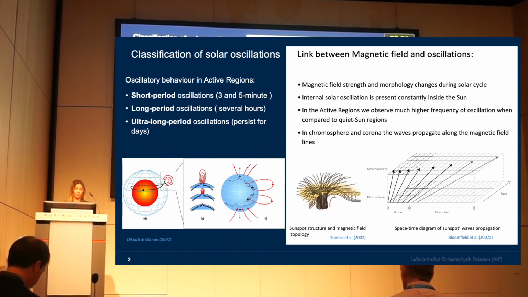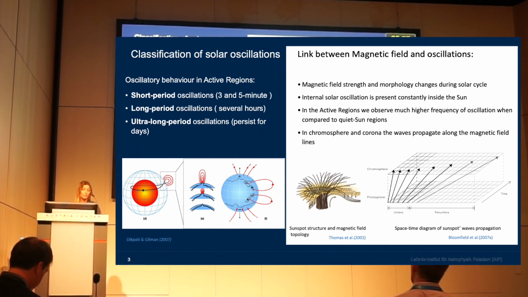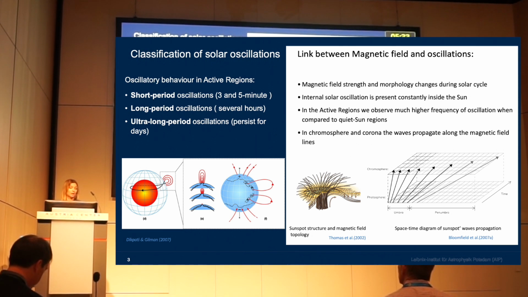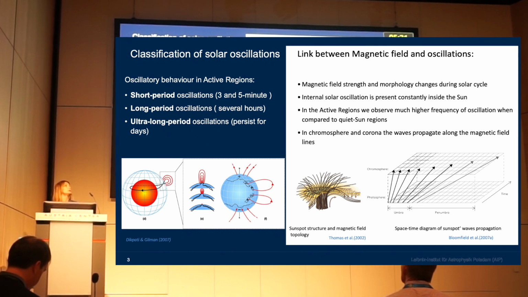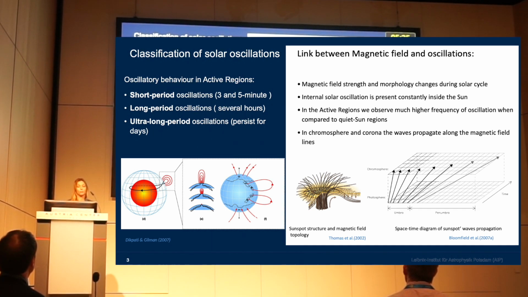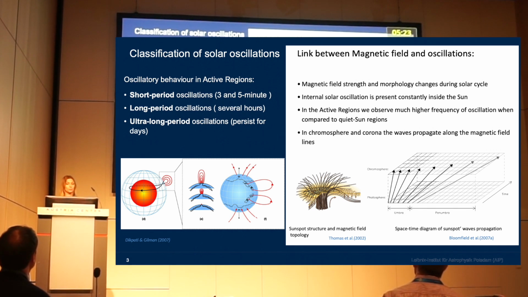As you know, the magnetic field has its origin inside the Sun. It comes to the outside part of the Sun, to the solar atmosphere, only through the active regions, which we can observe.